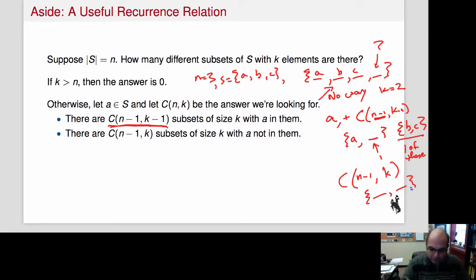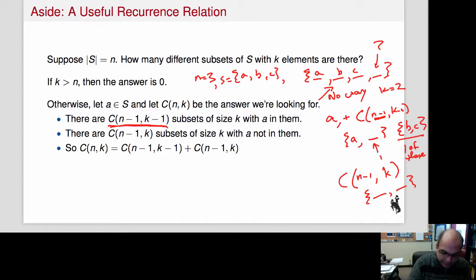Put this together. The subsets either have A or they don't have A. Those are 2 different things. We end up with this recurrence relation: C of n, k is equal to C of n minus 1, k minus 1, which assumes I picked A and so now I need to fill in k minus 1 elements, plus, if I don't pick A, I'm still choosing from everything other than A, that's n minus 1 elements, and I still need to choose k things.